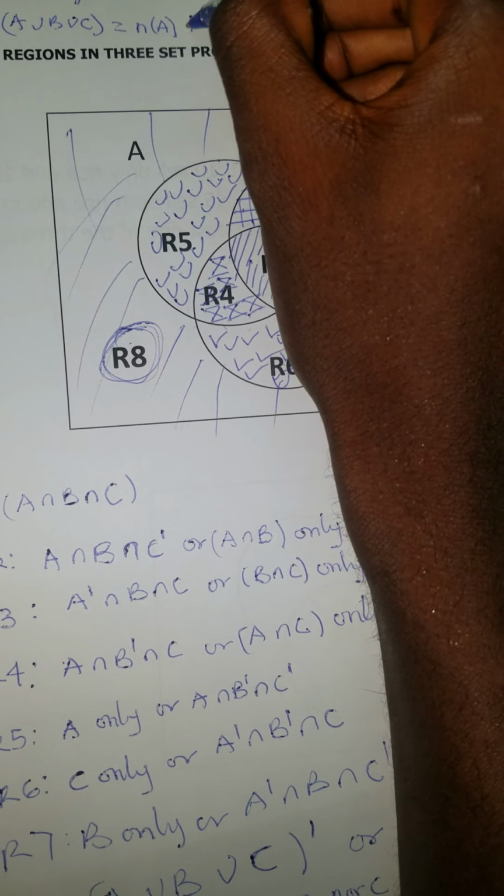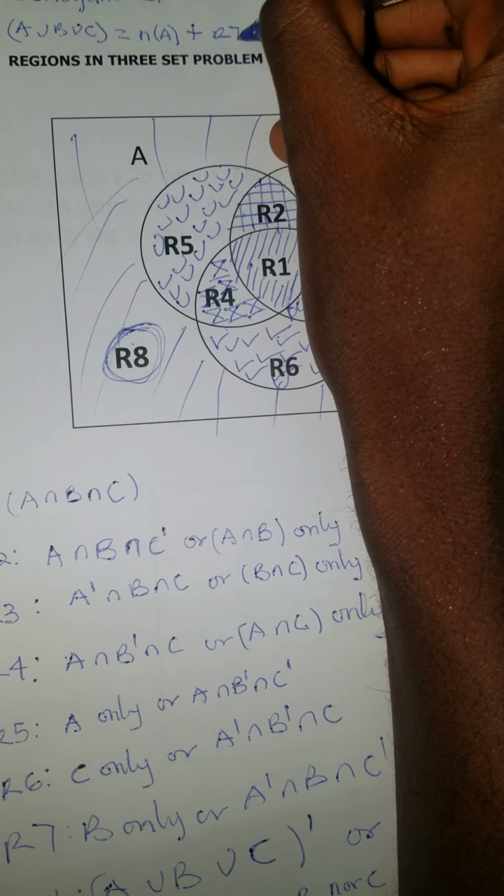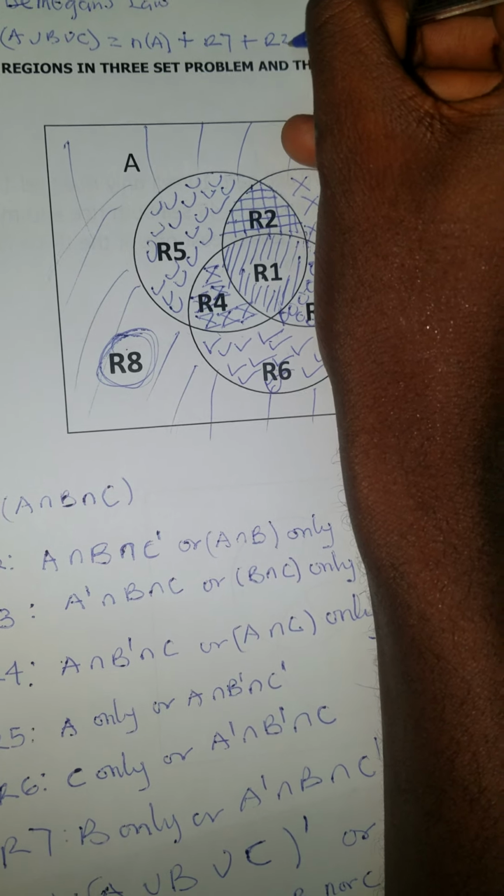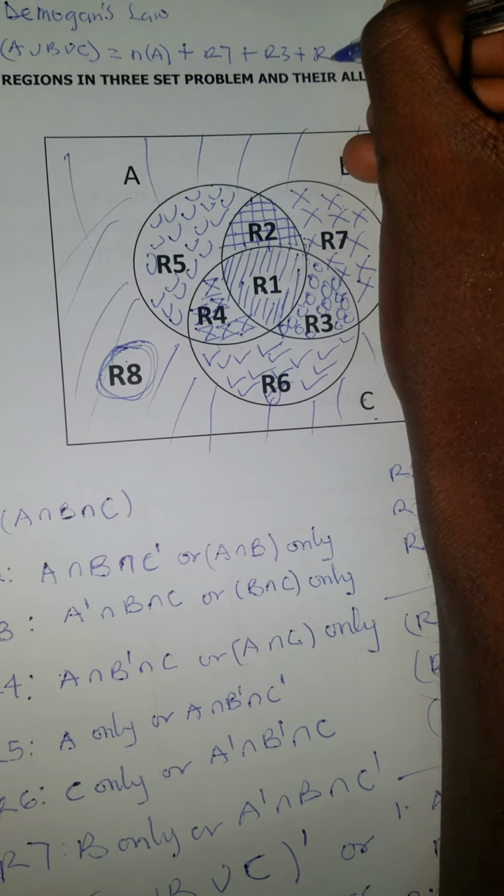So it will be number of A plus region 7 plus region 3 plus region 6.